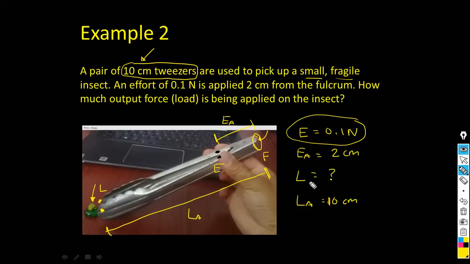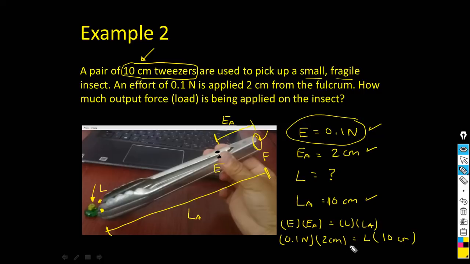And we have everything in order to calculate the load, because we have all the information. We have this, we have this, we have this, and with our equation we can find the load. So let's write down the equation. Effort times effort arm equals load times load arm. Let's substitute everything. 0.1 newtons times the effort arm, 2 centimeters, equals the load times the load arm, which is this.